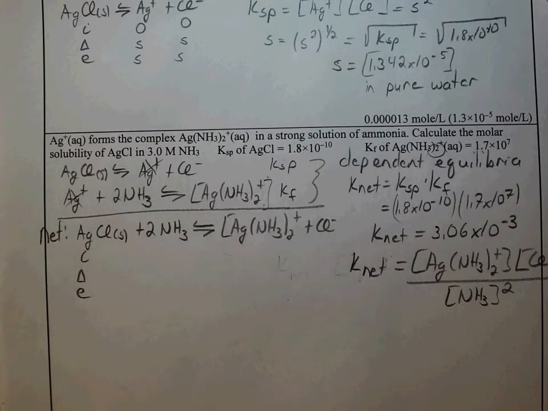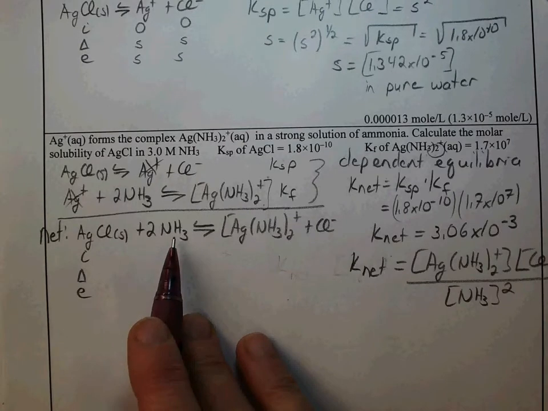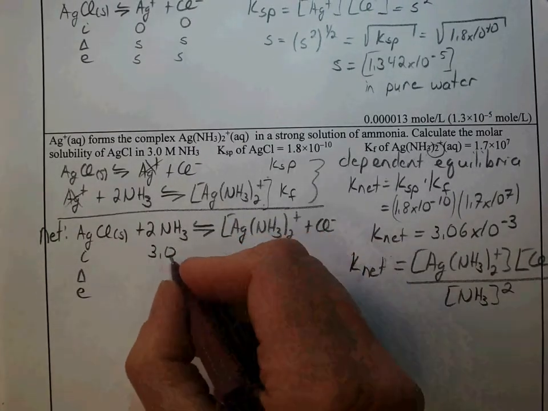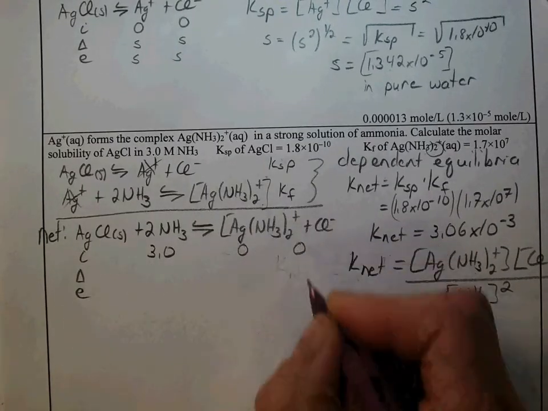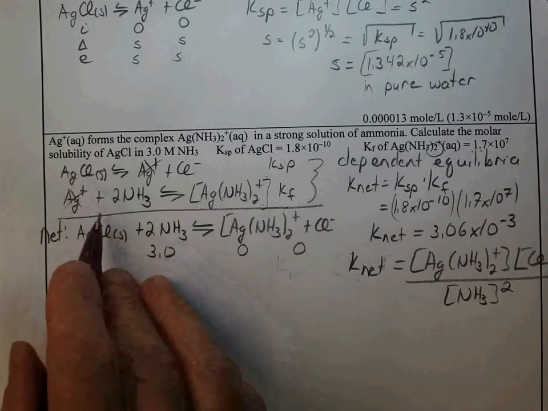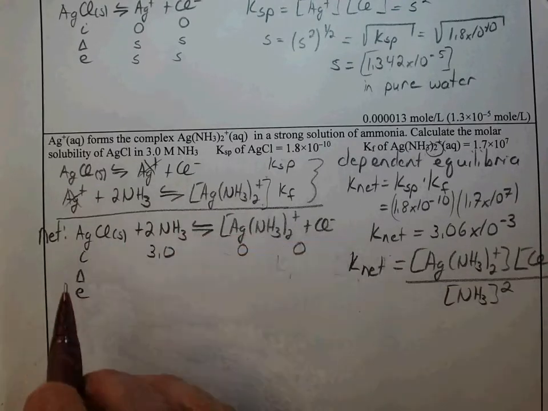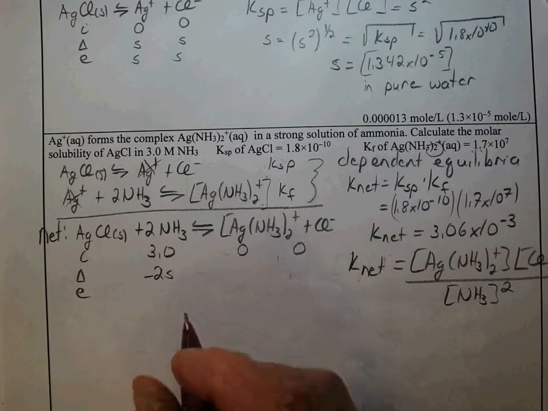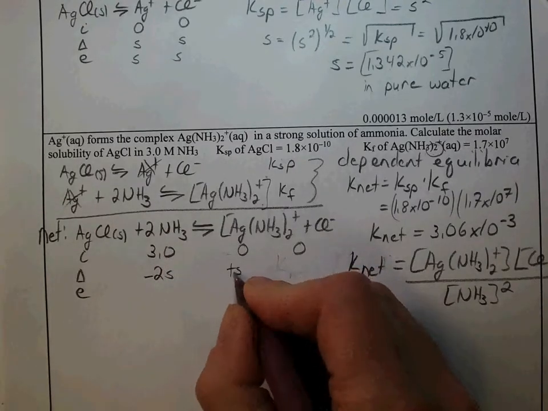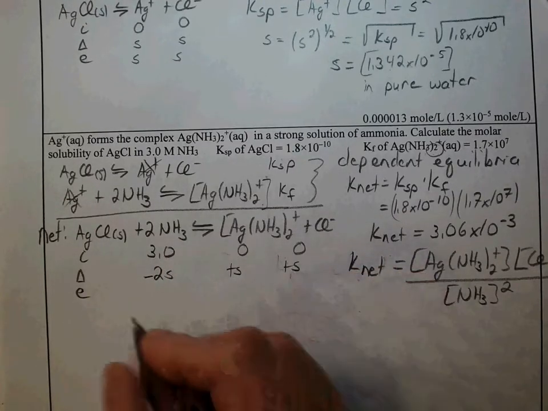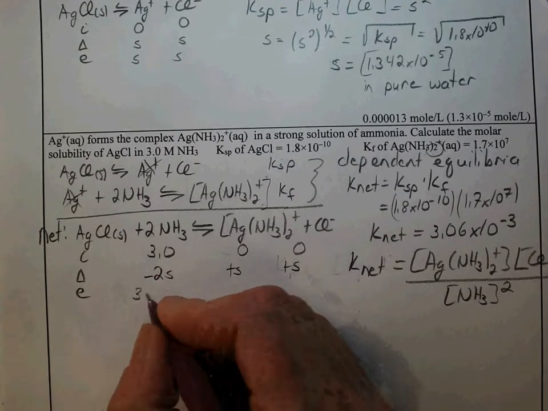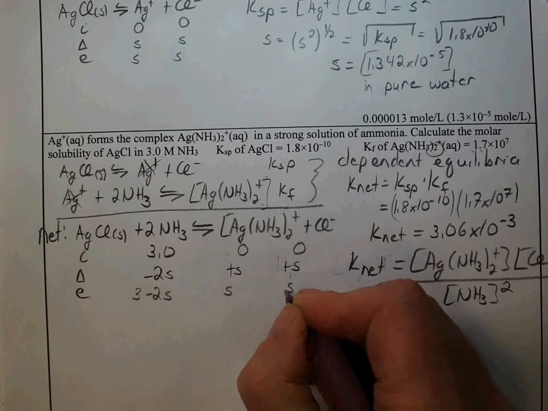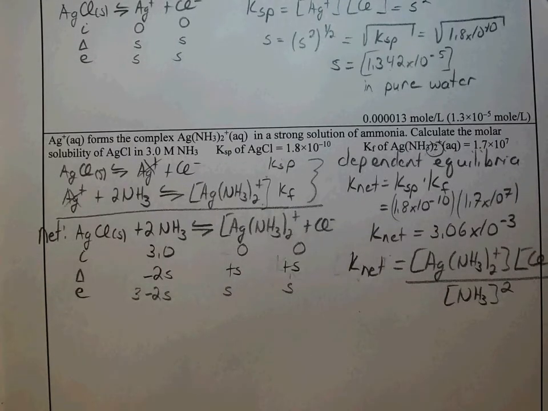Now for our ICE table, the initial concentration of NH3 is 3 molar, and we don't have any of our complex or our chloride ion before this reaction occurs. For every mole that dissolves, we're going to lose 2 moles of NH3, and we'll gain a mole each of our products. So equilibrium is the initial plus the change.